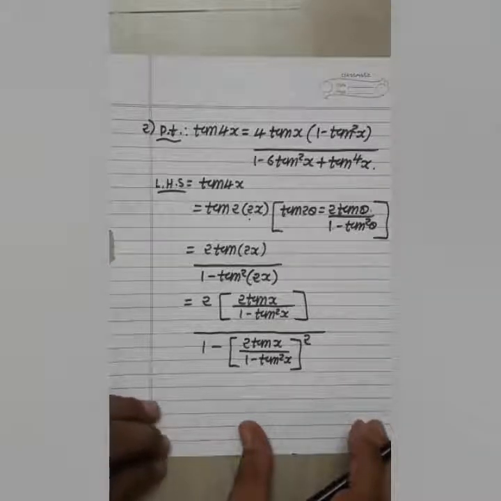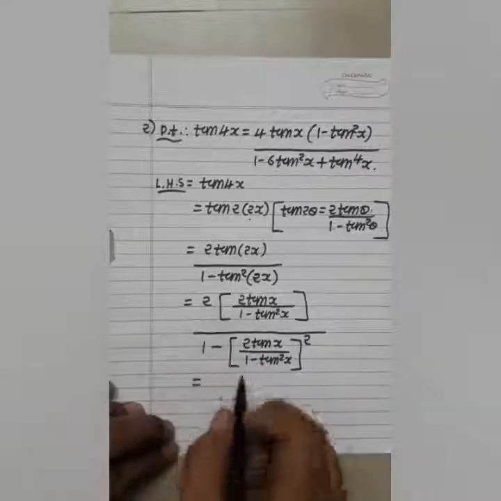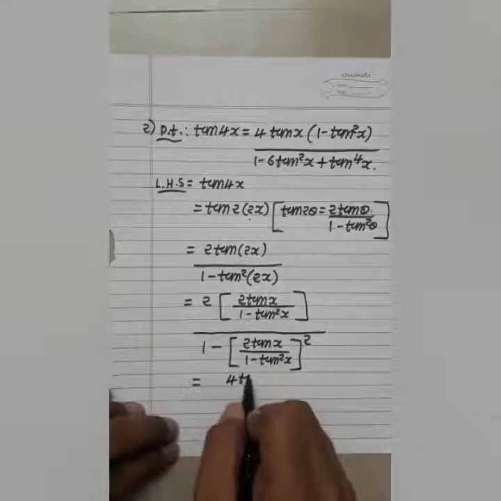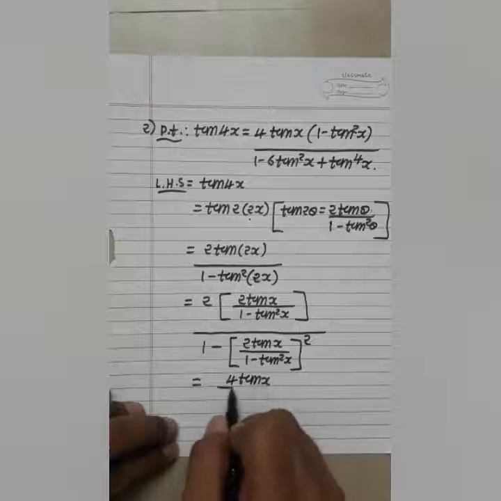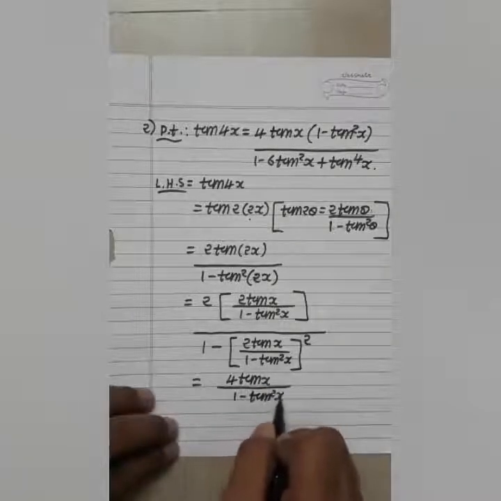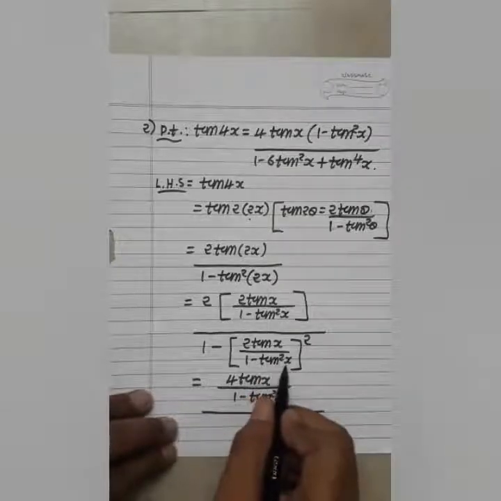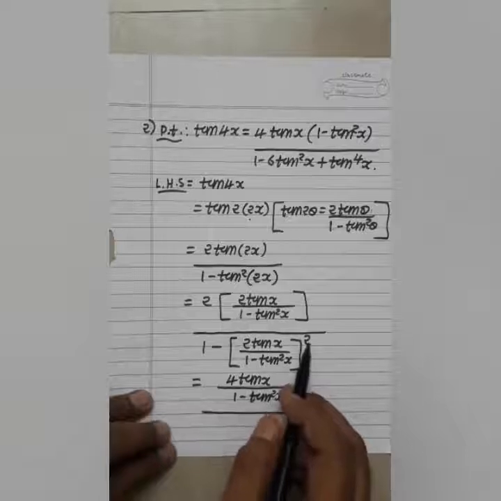Now after taking the LCM of this term, so 2 into 4 tan x upon 1 minus tan square x, upon, in the denominator the LCM is 1 minus tan square x whole square.